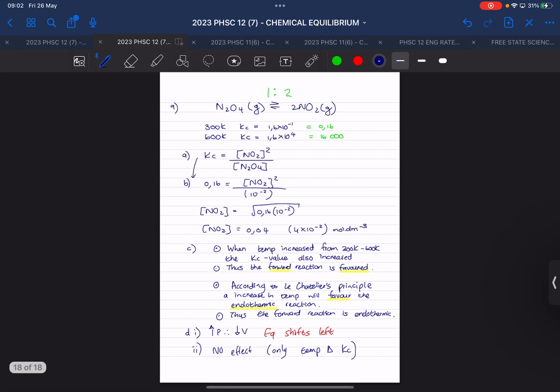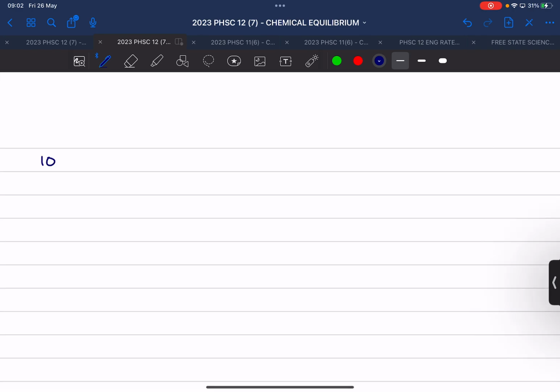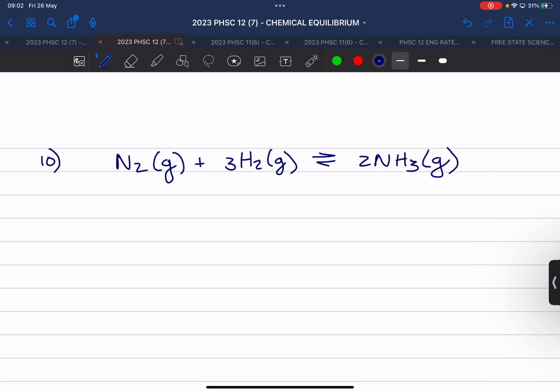Okay, then question 10, they give us this equation. What is this equation's name? Haber process. All right. Then you check for 3 things. You check the phases: gas, gas, gas.